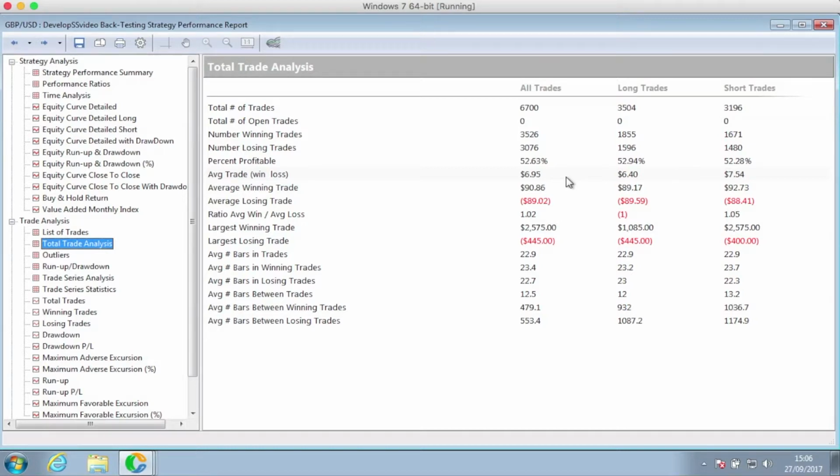So in the next performance report we're going to see, I've added some costs into MultiCharts. I've added a really small, or rather realistic, cost of 2 pips per trade. For example, you might be paying 1 pip on the spread, and then transaction costs.